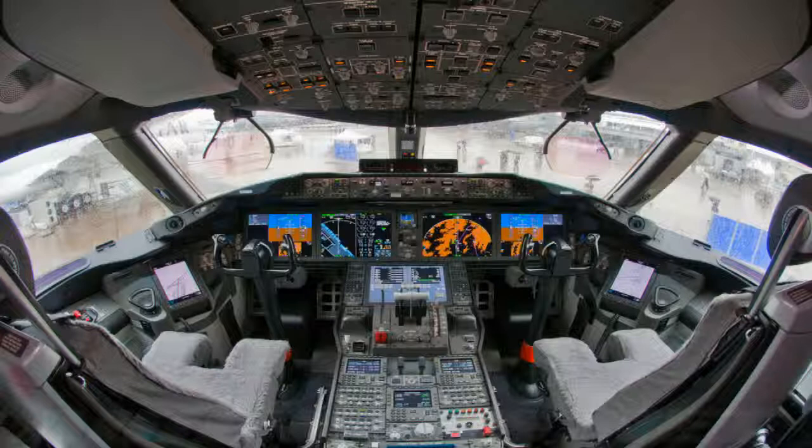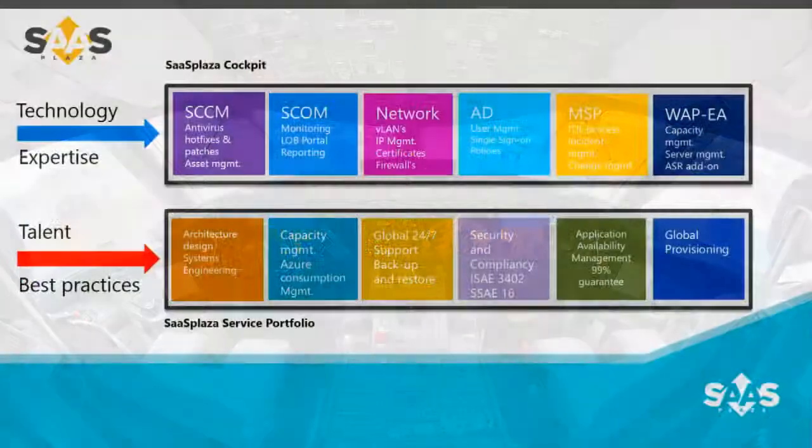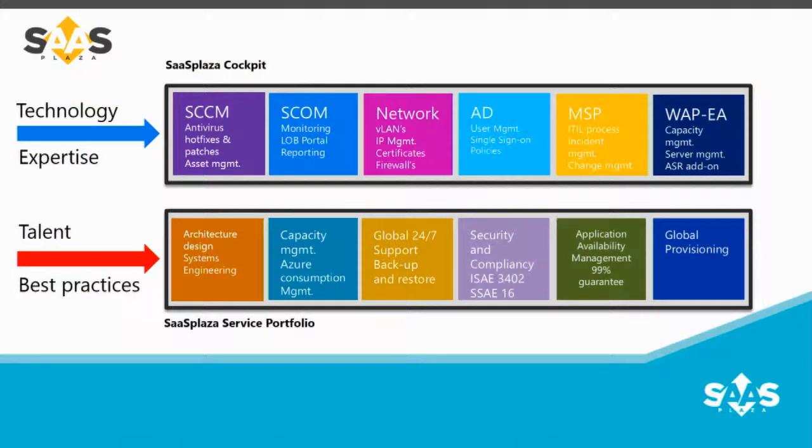That's an interesting metaphor to see, and I think the audience should be very happy if you see all the technology behind availability on demand. Because that is really going to be the future in which you can deploy services across the globe in a very time-efficient manner. So let me go a little bit more into the SaaS Plaza cockpit, we call it.